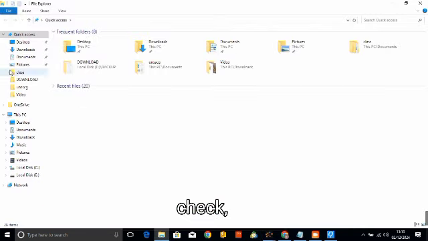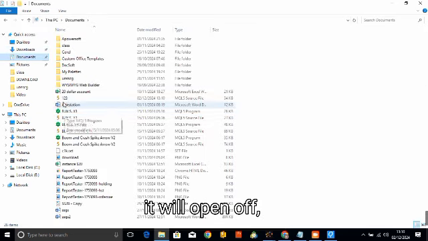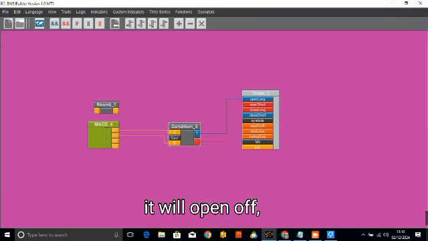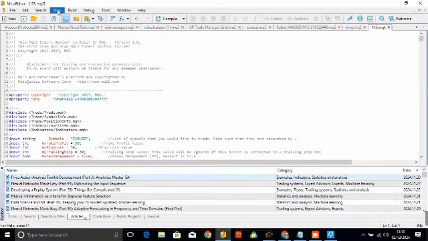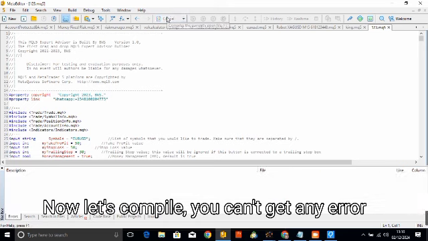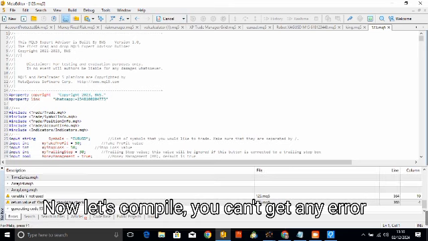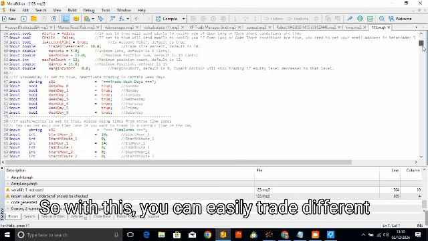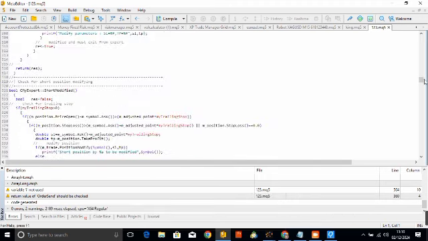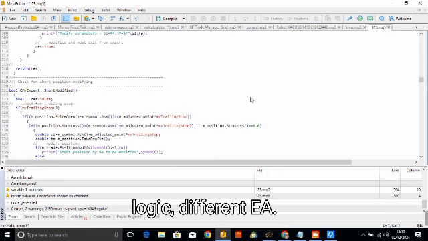Then let's check here. 123. It will open up. Then let's compile. You can't get any error message. So with this, it can easily trade different logic, different EA.